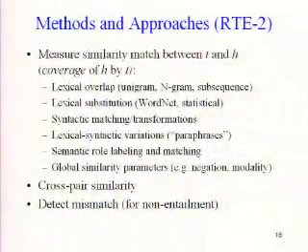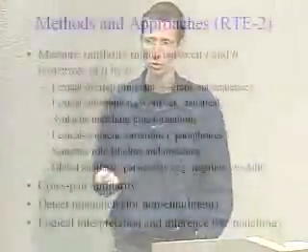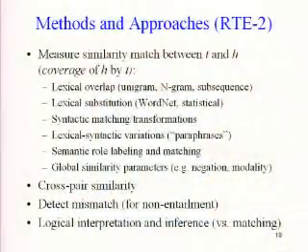There are a couple of other kinds of methods, each by a different group. The mismatch is actually Lucy's system. And there were a couple of people that tried to do logical interpretation, meaning they translated the sentences to some logical form and then applied the prover. Though, I mean, it's again questionable.